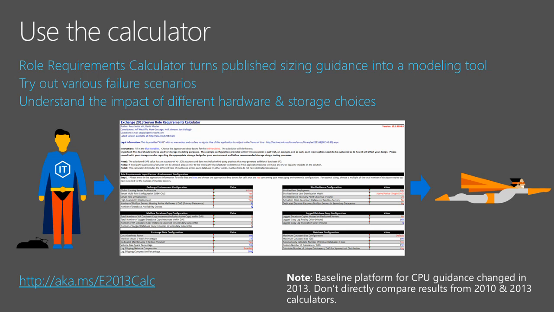And it can also help actually build those servers for you by exporting PowerShell scripts that will configure the servers, set up the databases, set up the DAG with replication, and get you going. So highly recommend you take a look at that. It essentially will take you from being an IT pro with red tights that can't fly over on the left to being this guy that magically can fly all of a sudden with different colored tights for some reason. So that's the calculator.